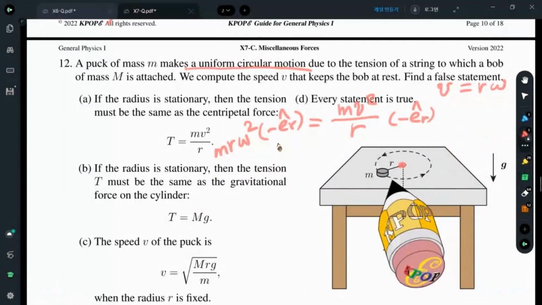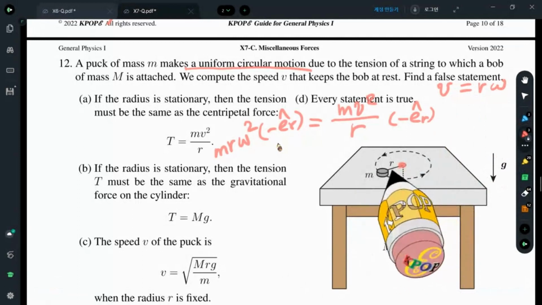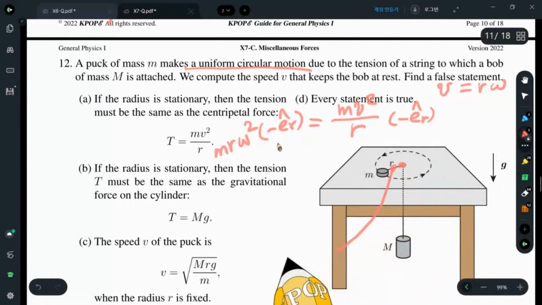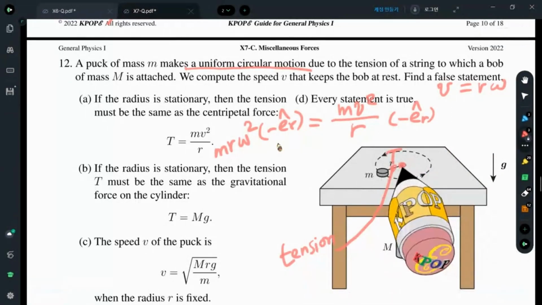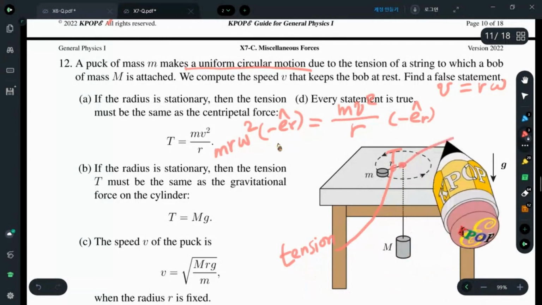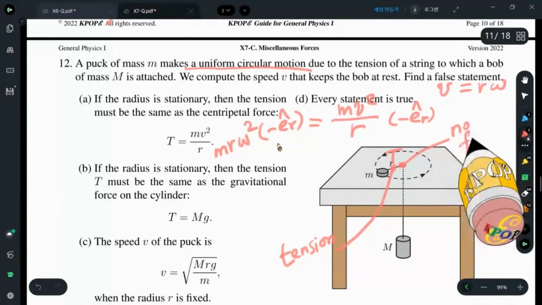In here, the force is tension only. T is in here, and there is no friction.